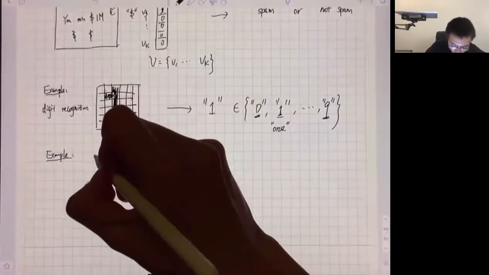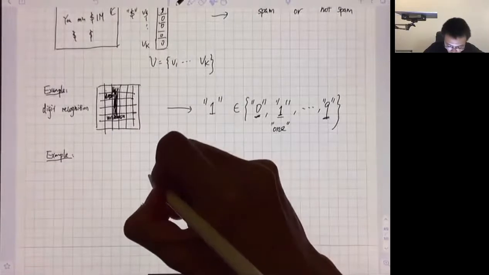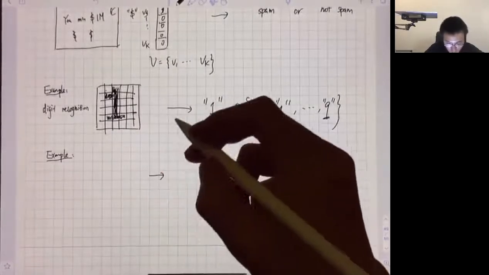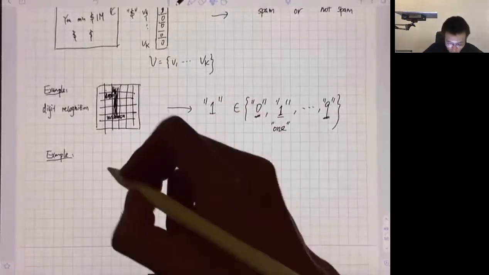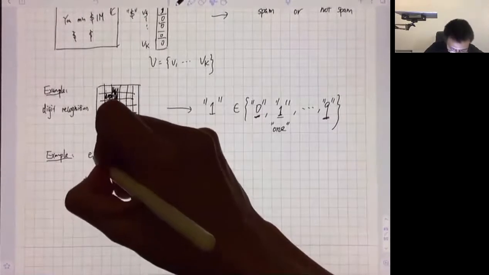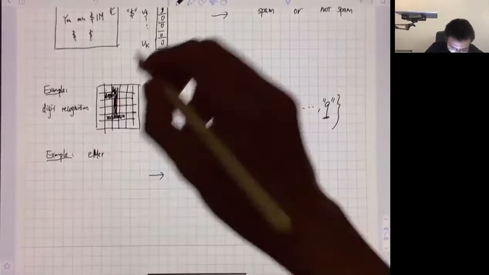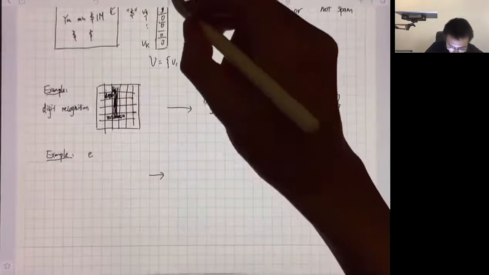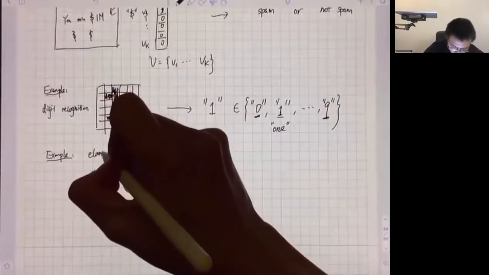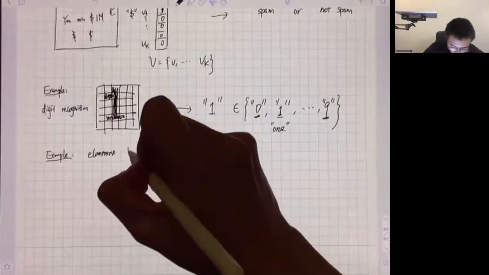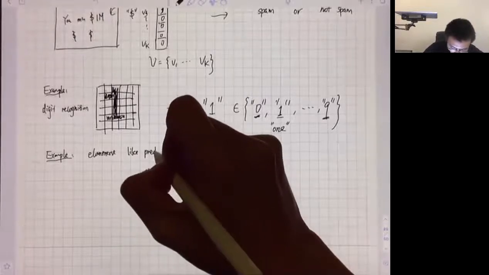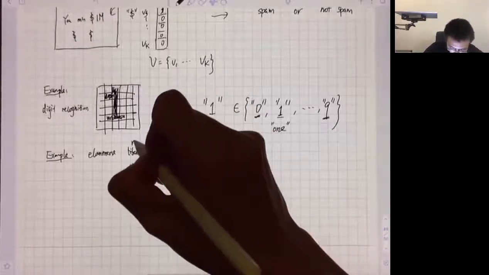So the third example is I would like to predict how a user likes a product on some e-commerce website. This is e-commerce rating prediction.